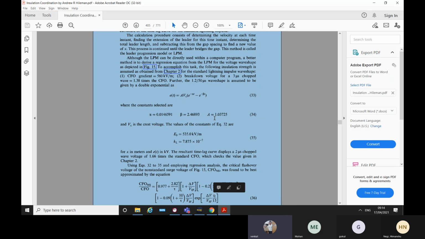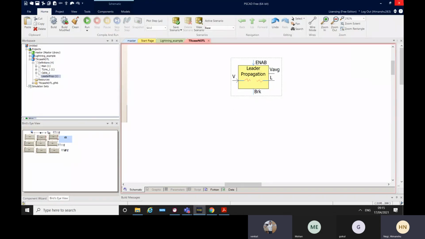For the insulator, they have to collect the breakdown voltage, and they have to collect the gap distance for the particular insulator. That is what I thought. That remains the same, I hope. No problem, that's what I wanted to show. We will go through this.